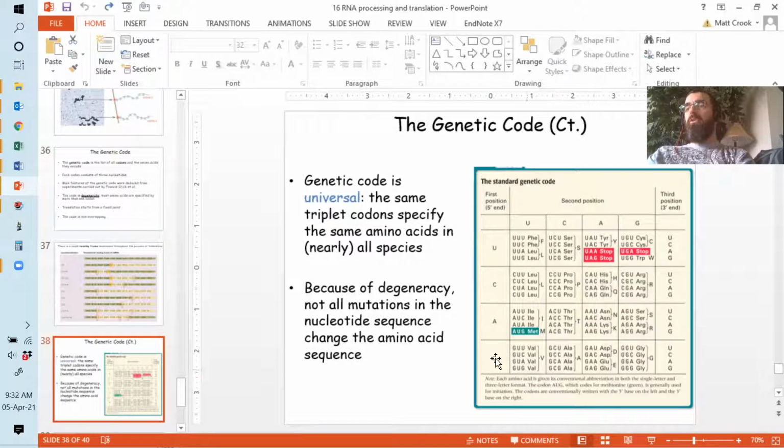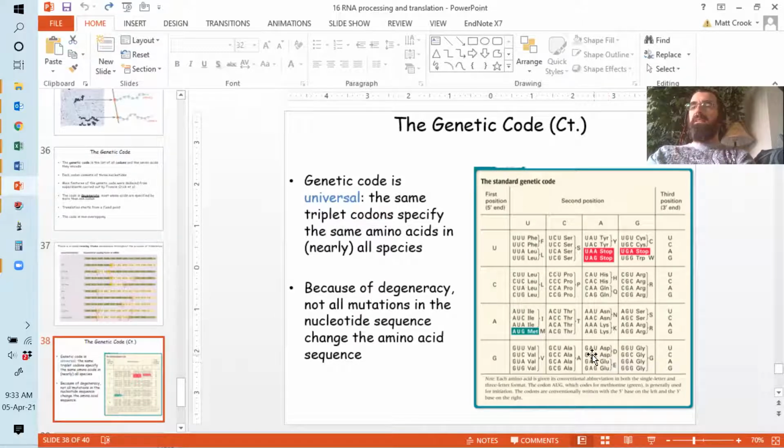Even though two codons can encode aspartic acid, ASP, so if you have GAU or GAC, you will get the same amino acid in that position, the tRNA that recognizes GAU will only ever have aspartic acid added to it.